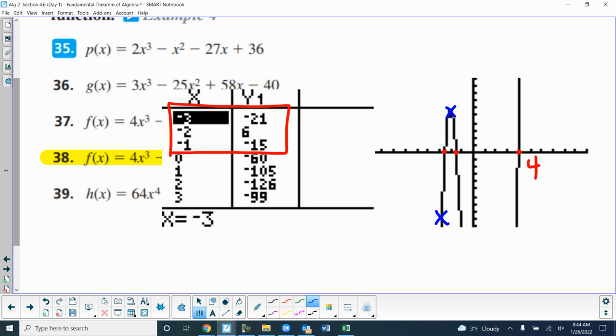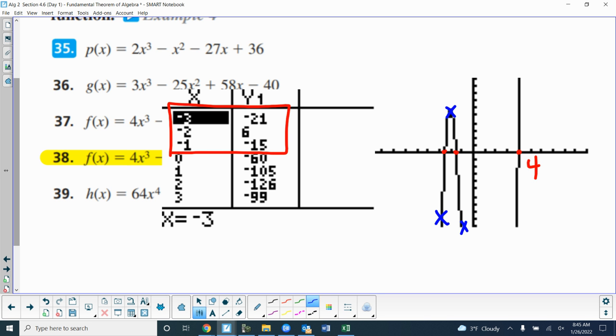And then if you look at -1, there's a -15 down here. So it went from a positive y value back to a negative y value, so it went back through the x-axis again. Okay, so there's a 0 between -3 and -2, and also between -2 and -1.